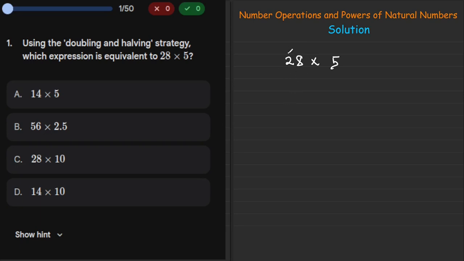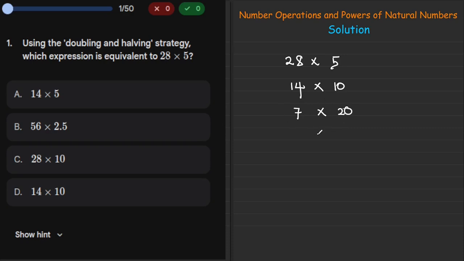Half of 28 gives us 14. So we have 14 times. As we have halved this, we need to double this. The double of 5 gives us 10. We can still halve this to give us 7, and then the double of 10 gives us 20.